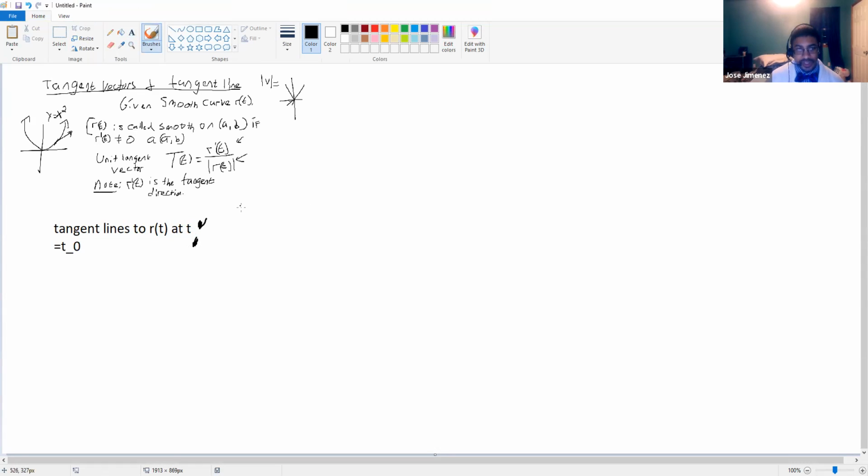It's going to be p, our vector p, plus some t times a vector v, where p is equal to r of t naught, and v is going to be the tangent direction.